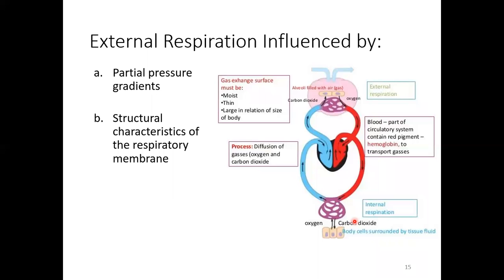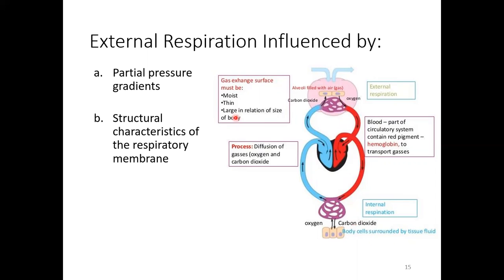The next physical factor that's affecting external respiration is the respiratory membrane itself. We've briefly mentioned bits of this before, but I want to emphasize that that really thin respiratory membrane must remain really thin. The fact that I'm emphasizing that means that there are things that can go wrong that make that membrane not quite so thin anymore.